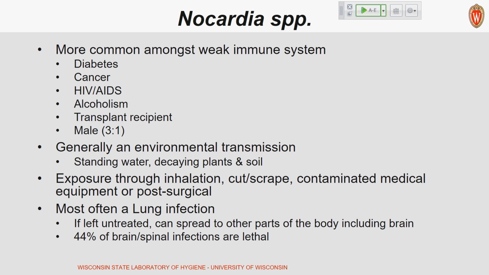So most often it is a lung infection, though there are other types of infection that can occur with Nocardia, but because we're talking about lower respiratory tract, we're focusing on lung. But notable because it can spread to other parts of the body, including the brain, which is a very serious complication, with 44% of those being lethal.